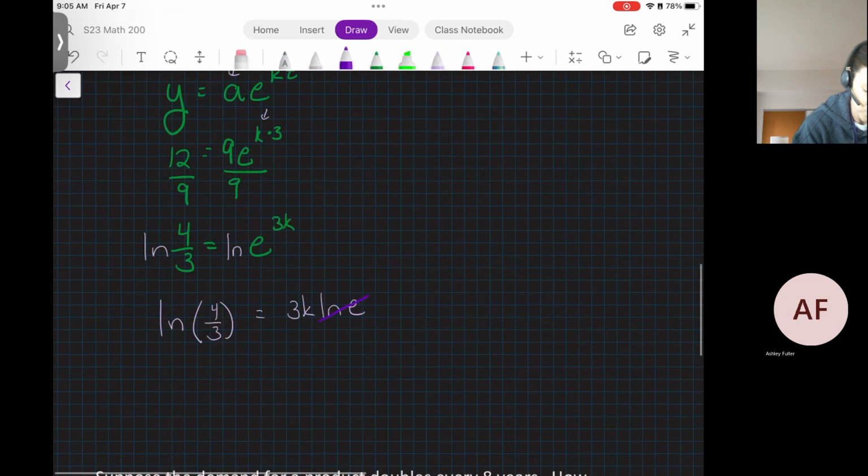Remember, the ln of e is 1, so I can divide both sides by 3, giving me a k value of the ln of 4/3 divided by 3, which gives us an approximation of 0.09589. I do recommend you carry that out quite a few decimal places so rounding errors do not compound.